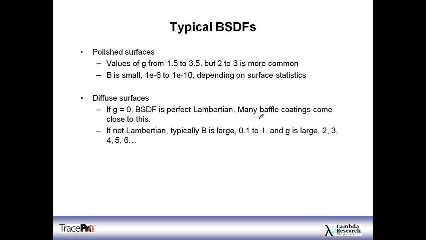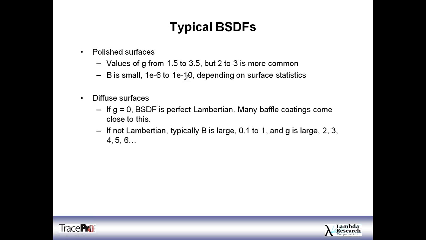So some typical BSDFs for a polished surface, the G is going to vary from about 1.5 to 3.5, more typically in the 2 to 3 range. B is going to be small, 1e-6 to 1e-10.